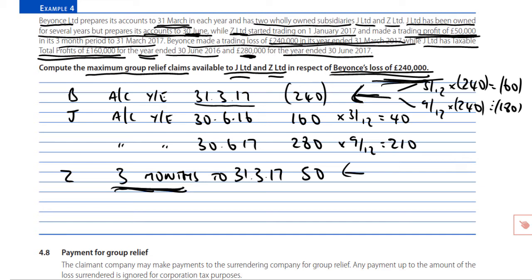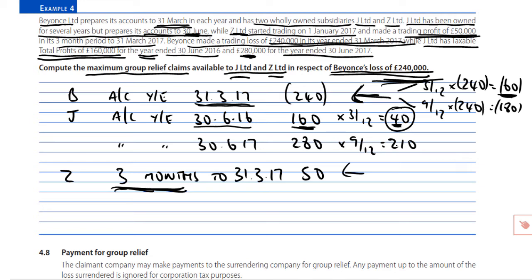So what have we got? In terms of the year ended March 17 going against the year ended June 16, 3 months worth of the loss would be 60,000, but the limiting factor, it could only go against 3 months worth of the profit of 160, and that is 40,000. So the maximum group relief there would be £40,000.